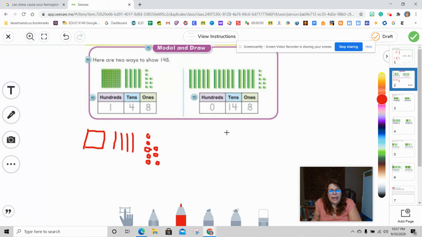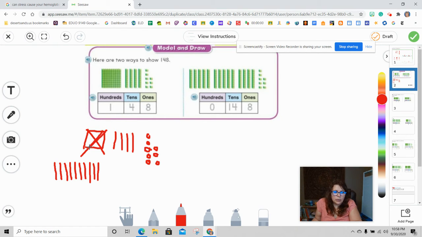Now, in the next picture, I see that I don't have 100. So basically what they did, they broke apart that 100 and they put them as tens. So I'm going to have 10, 20, 30, 40, 50, 60, 70, 80, 90, 100.